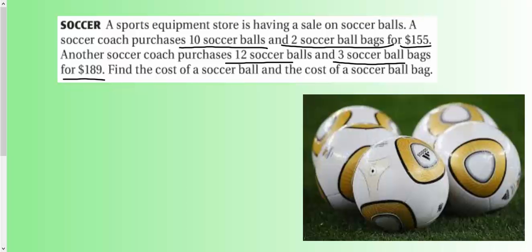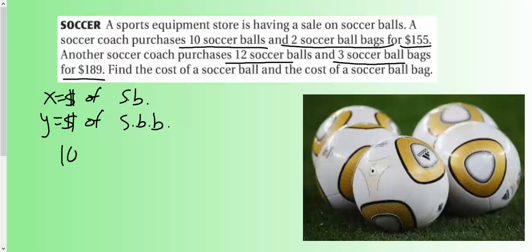Now, I told you that sometimes the units go together, like the 155 and the 189 are both dollars. That's not always the case. In this case, we'll call x the cost of a soccer ball, and then we'll call y the price of a soccer ball bag. Okay, so we have 10 soccer balls plus 2 bags.